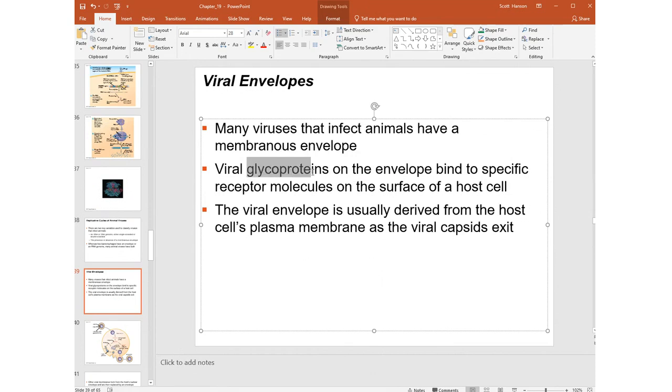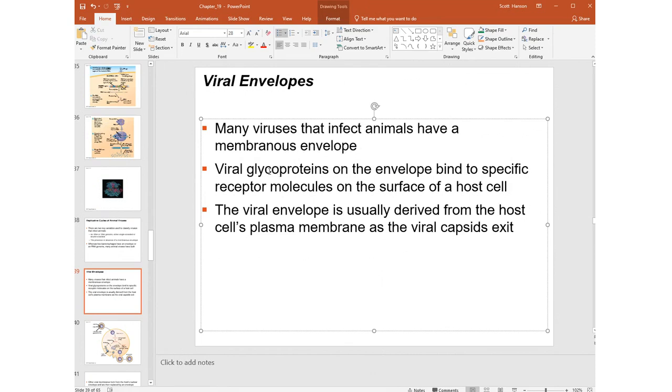Now, a glycoprotein, you probably remember glycoprotein from when you took General Biology 1. What does glyco mean? Do you remember what glyco means? For example, glycolysis. What does glycolysis deal with? Well, glyco actually means sugar.